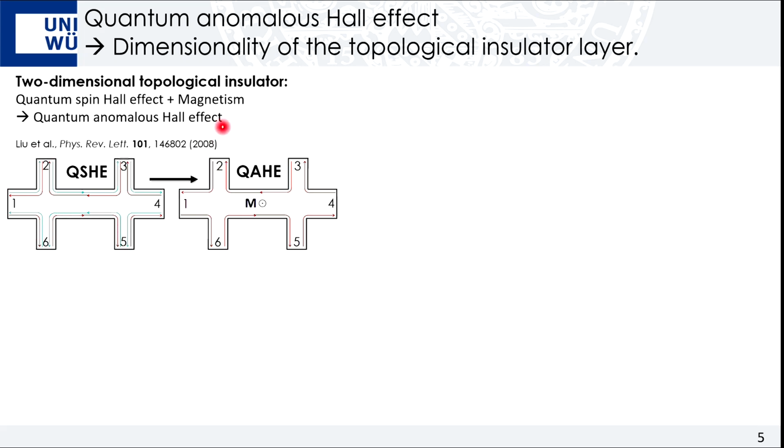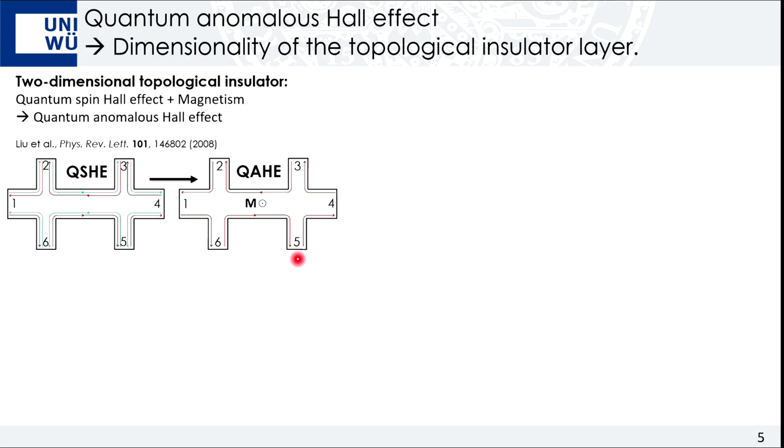You add magnetism into the mix, so magnetic exchange interaction, and this can effectively reinvert the band structure for one of the 2 spin species back to the trivial regime, effectively killing one of the 2 modes, leaving you with a single chiral mode, which realizes the quantum anomalous Hall effect.